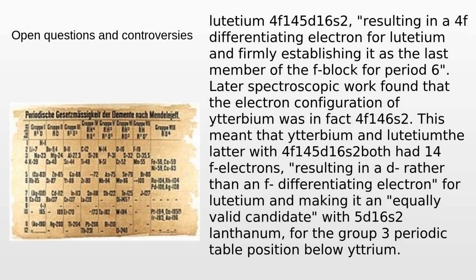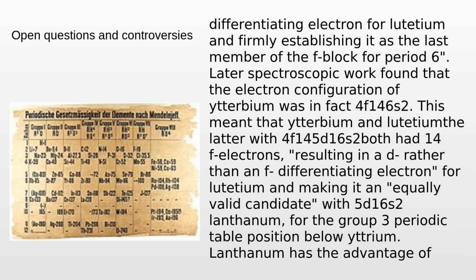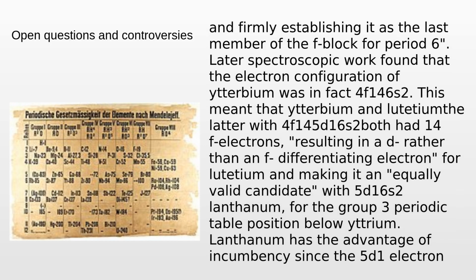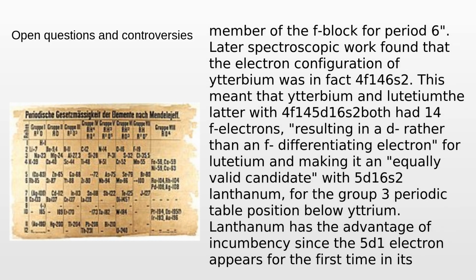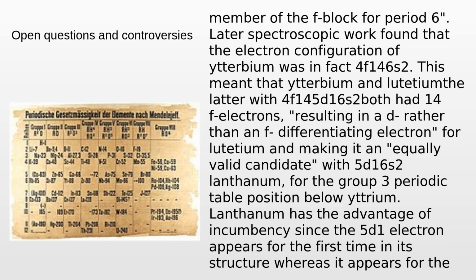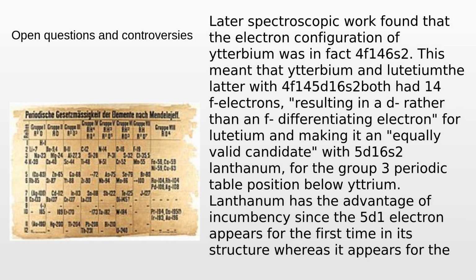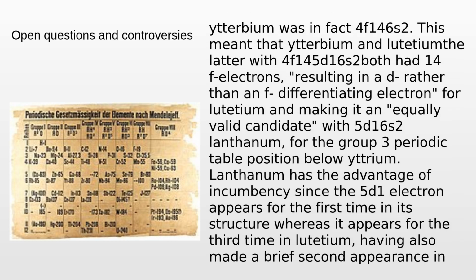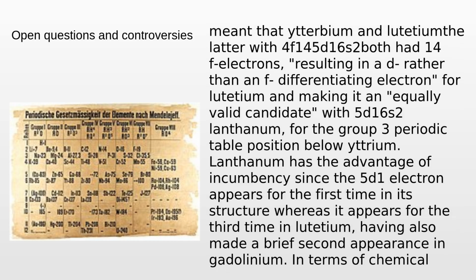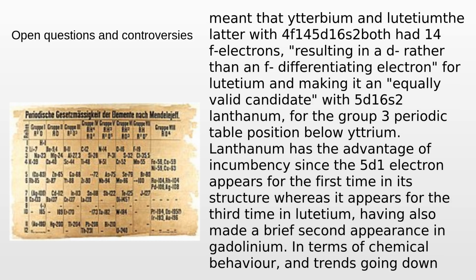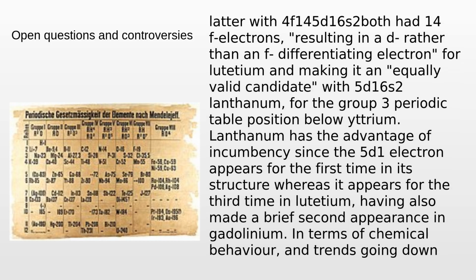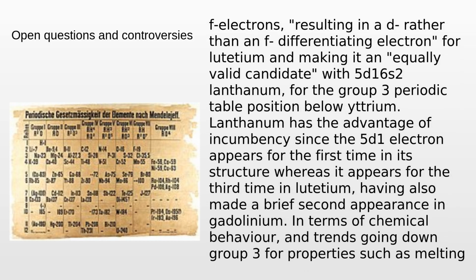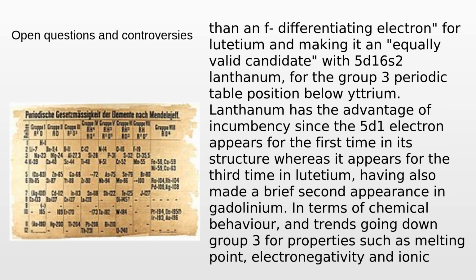Later spectroscopic work found that the electron configuration of ytterbium was in fact 4f14 6s2. This meant that ytterbium and lutetium, the latter with 4f14 5d1 6s2, both had 14 f electrons, resulting in a d rather than an f differentiating electron for lutetium and making it an equally valid candidate with 5d1 6s2 lanthanum.